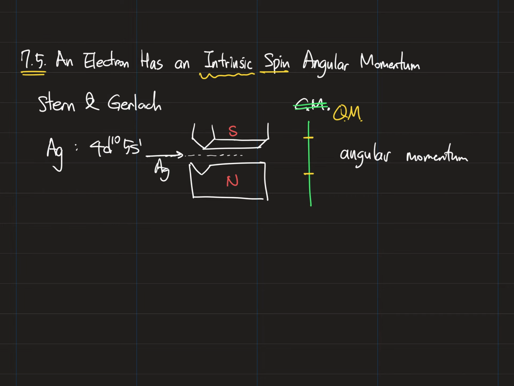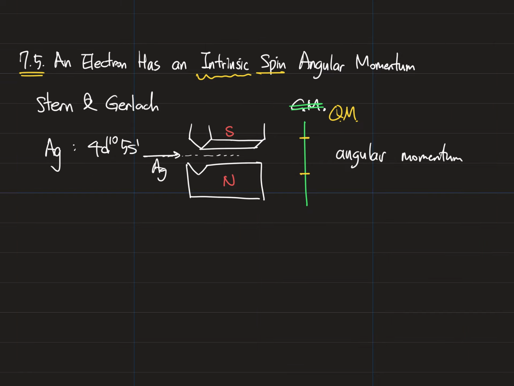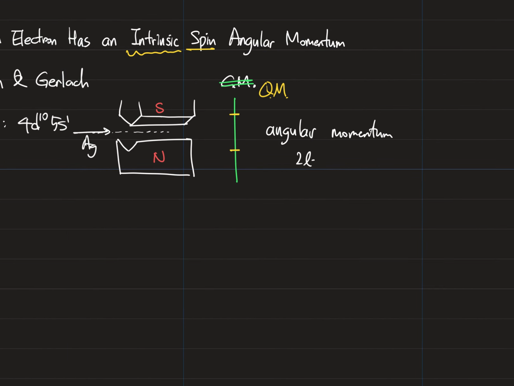And as I mentioned, the angular momentum is 2L plus 1 degenerate, right? But here you see the twofold degeneracy. So this means 2L plus 1 should be equal to 2.